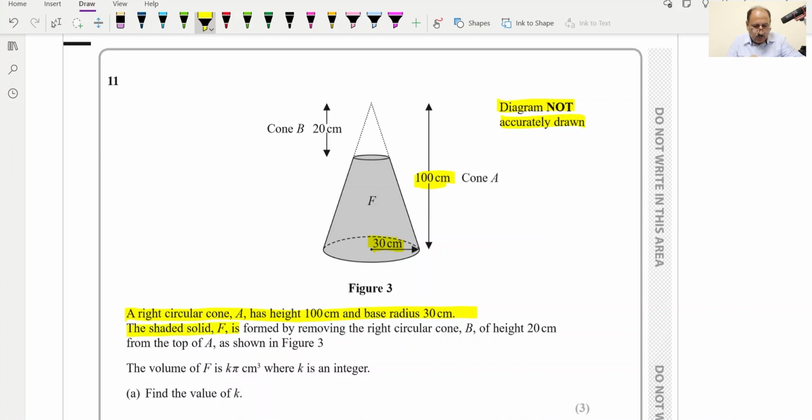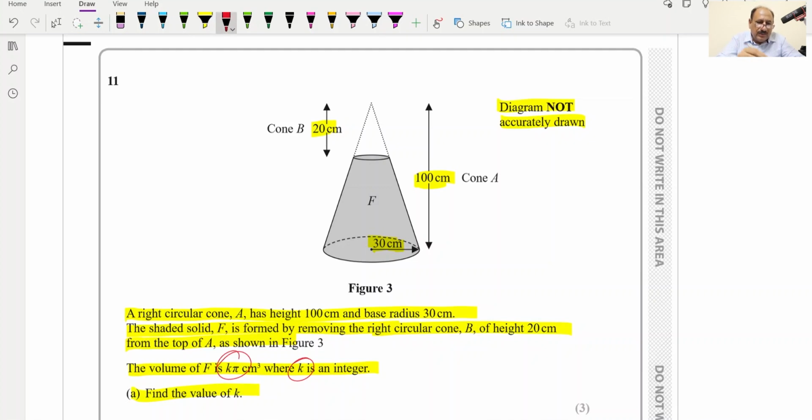The shaded solid F is formed by removing the right circular cone B of height 20 from the top of A, as shown in the figure. The volume of F is K pi centimeter cube, where K is an integer. Find the value of K.